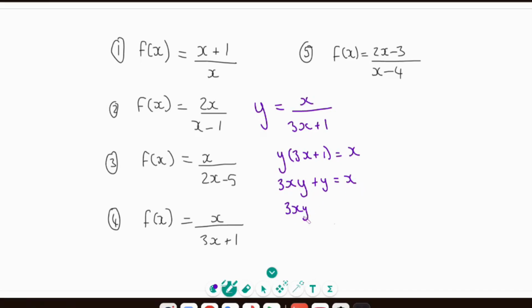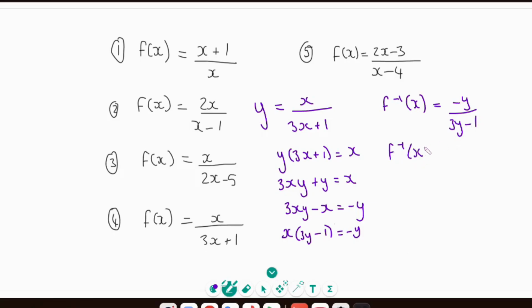Minus x from both sides and minus y from both sides. Divide both sides by 3y minus 1. Or the alternative.